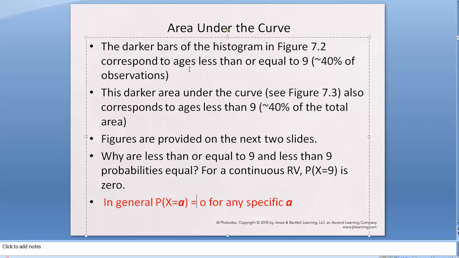It doesn't matter. The probability that age is less than or equal to 9 and the probability that age is less than 9 would be exactly the same. Okay, so that is what it is talking about. And it's also, like in here it says that the probability that x is specifically equal to 9 is 0, and you can replace 9 by any value. Okay, all right then. So let me go to the next slide here.